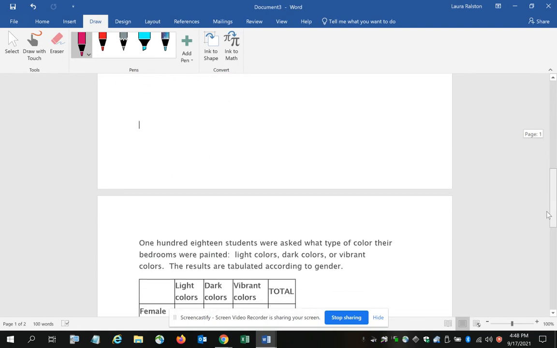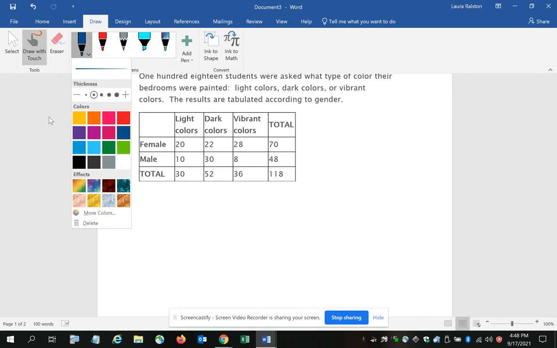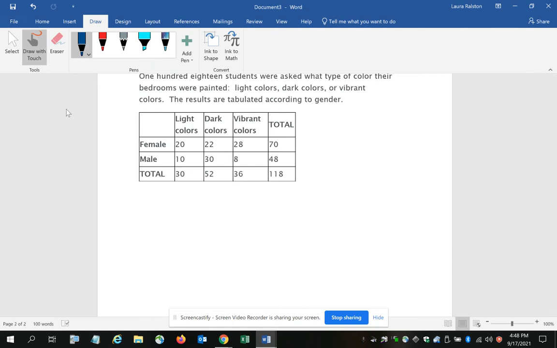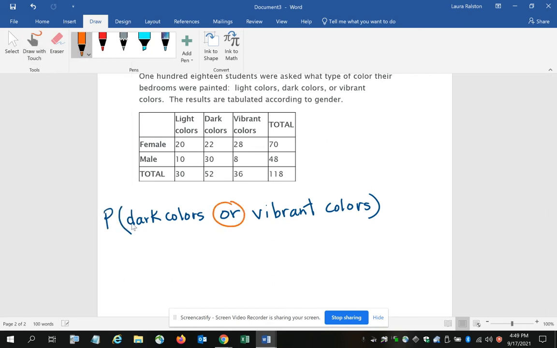Now in some cases, you don't necessarily have to worry about double counting because, for example, if we said what's the probability that a person either has dark colors or vibrant colors. It's still an or, and typically the or makes me think of add.